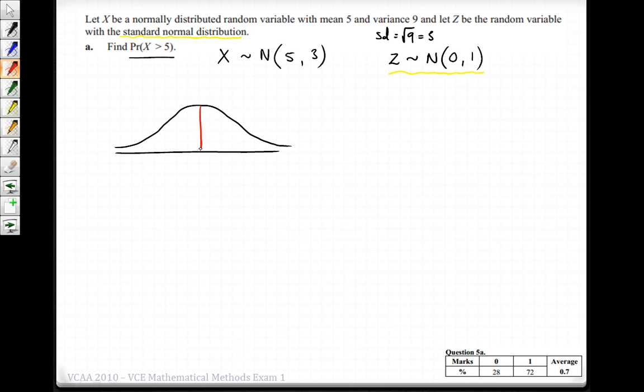We put in our mean of 5, and we know that the area greater than 5 is 50%. Therefore, the probability that X is greater than 5 equals a half, or 0.5. It's the same thing.